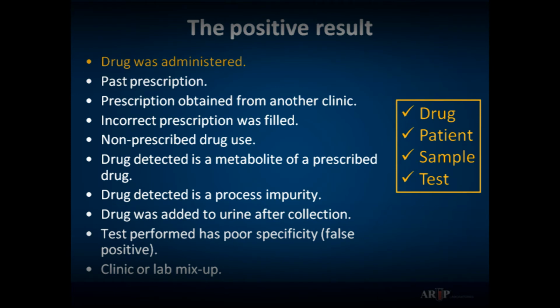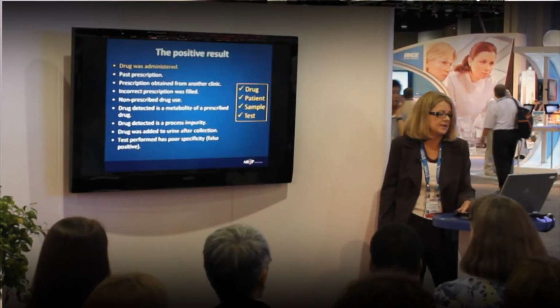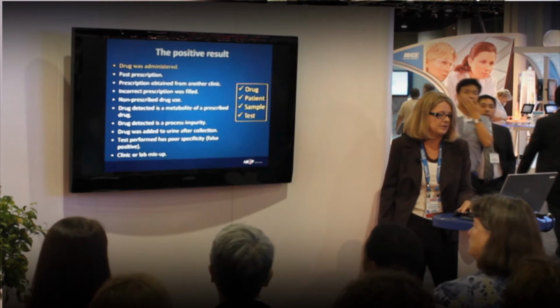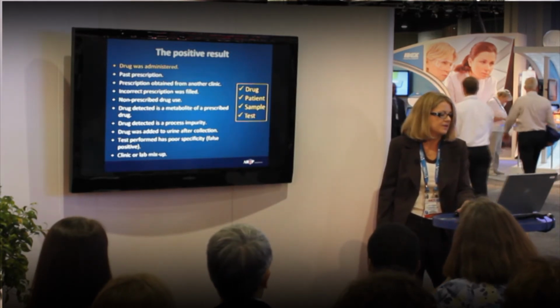Now this is something you may not pick up easily on a screen, but with looking at quantitative results, it becomes quite evident. Another possible reason for an unexpected positive is that the test performed has poor specificity, so is a false positive. So again, investigate, interrogate the testing process. And of course, look at the clinic and lab to make sure every duck is in a row.